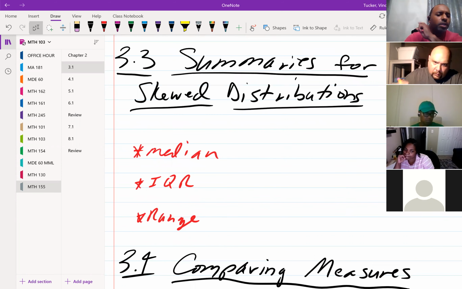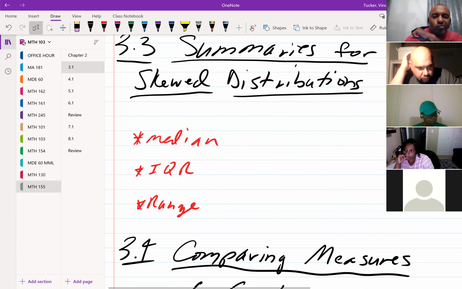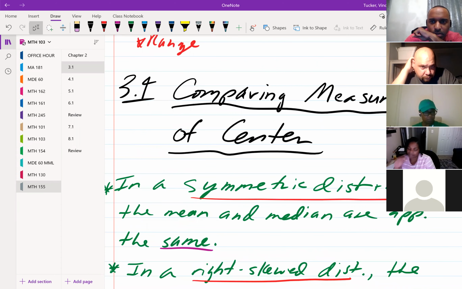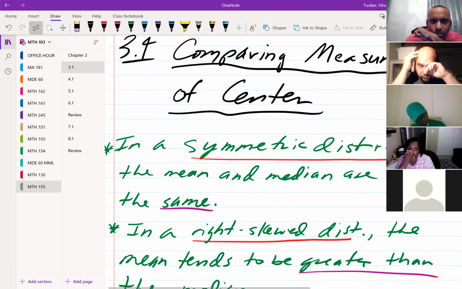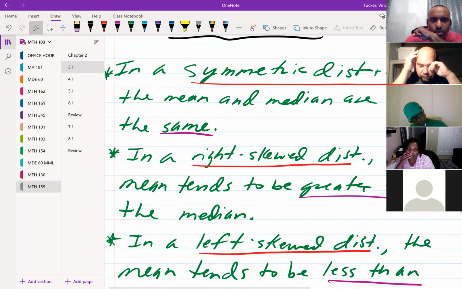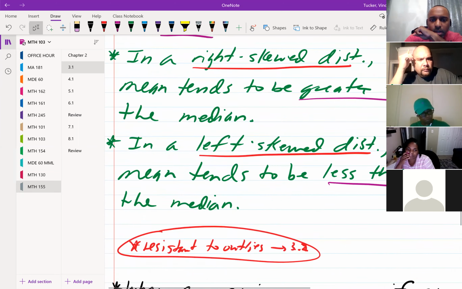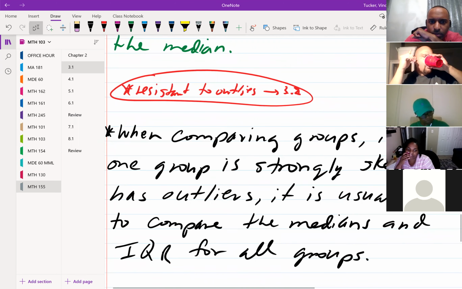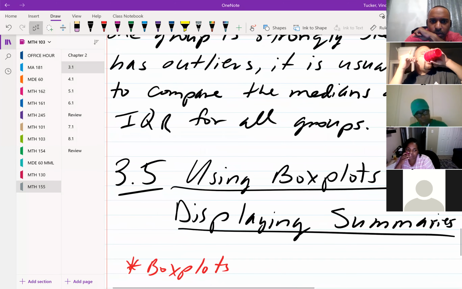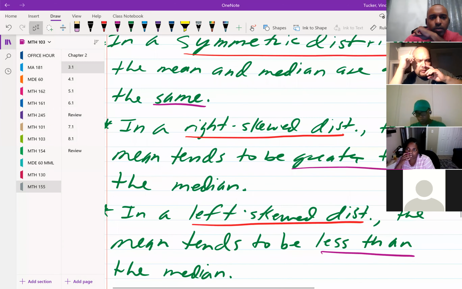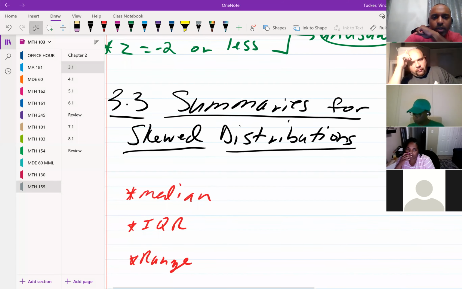Summary from skew distribution, median, IQR and range. And measure the center. What I did was just the outliers. Okay, so I'm comparing groups. So we don't have much left as far as that's concerned. Some of the stuff we already covered.